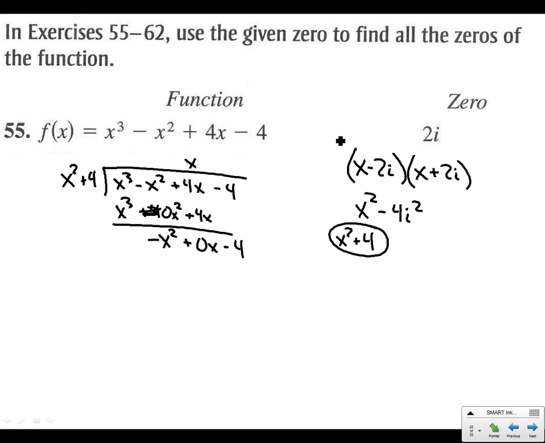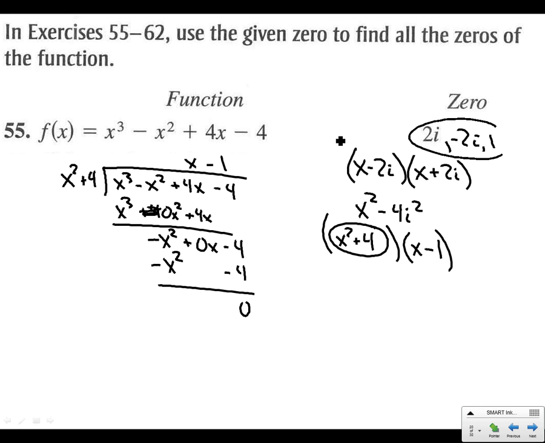And so that's going to be minus 1. We'll have negative x squared, and we'll have minus 4. So we get 0. So we know that we also have x minus 1. So we now have all of our zeros: 2i, negative 2i, and positive 1.